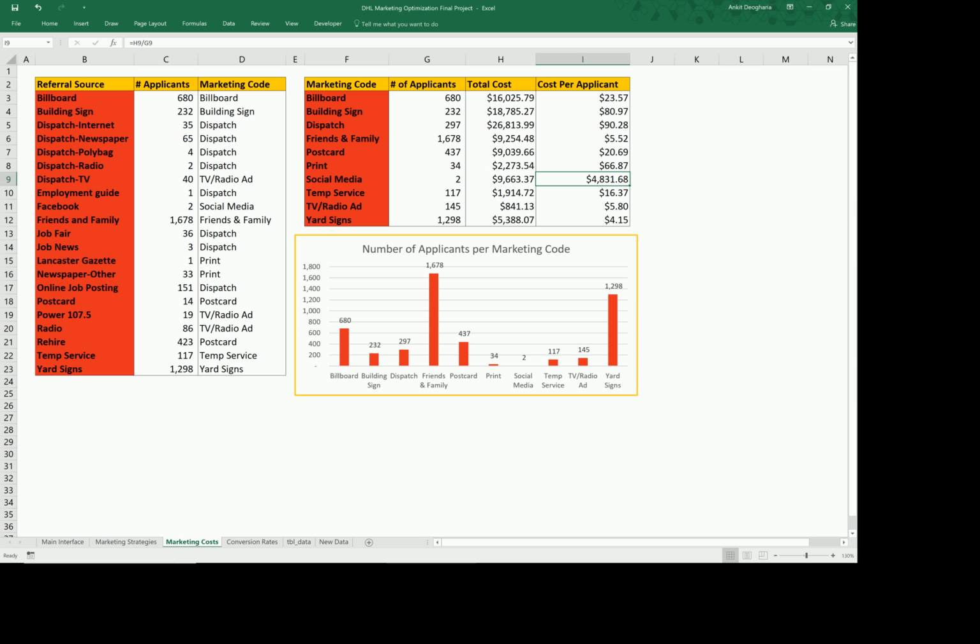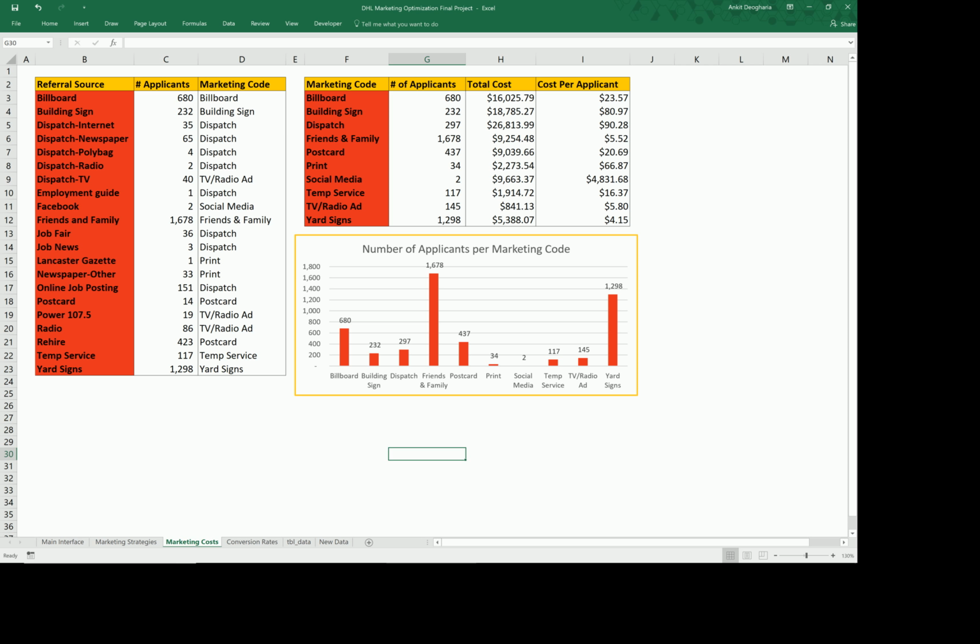This is partly due to the fact that we only have data on 2 applicants that were brought in through social media, and thus it does tend to stand out in the graph. As we can see, most applicants were brought in via friends and family, and the second most was through yard signs by a large margin.